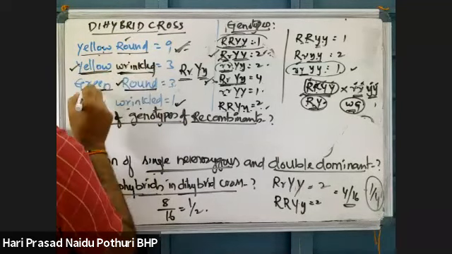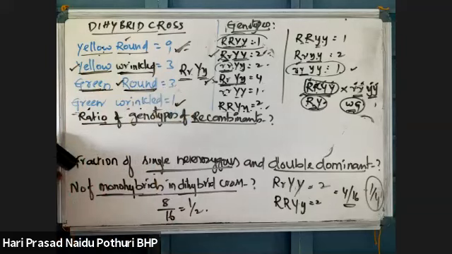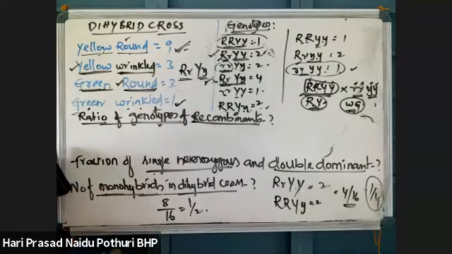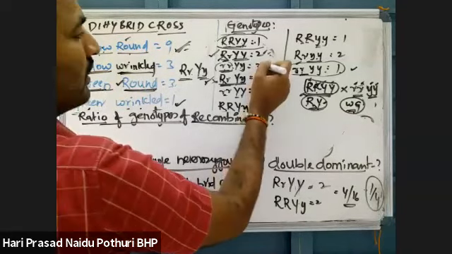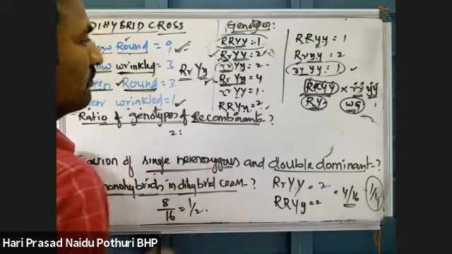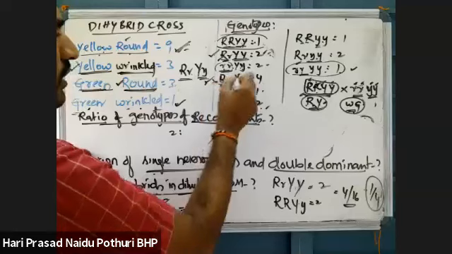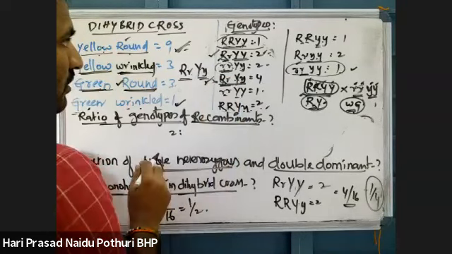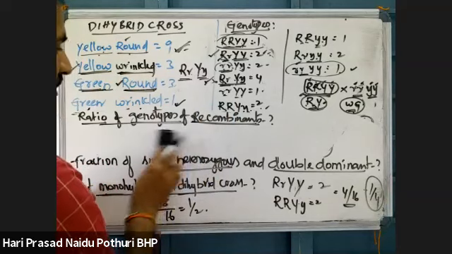Yellow wrinkled and green round. These are recombinants. That ratio, yellow wrinkled, this is yellow wrinkled to round green, round yellow, don't take. Then, wait, we'll take one by one.